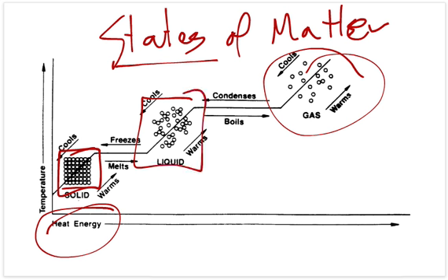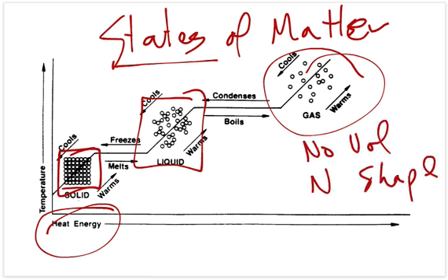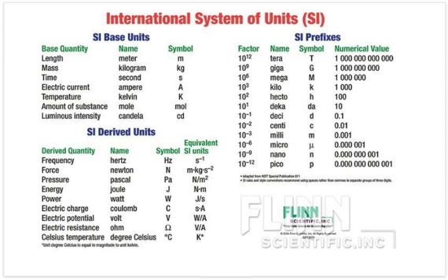In liquids, they're spread further apart, and in gas, they have no volume and no shape. Liquids have a volume but no shape, and solids have both a shape and a volume. We're not really going to get into plasmas or non-Newtonian fluids or anything crazy, just our three basic states of matter.